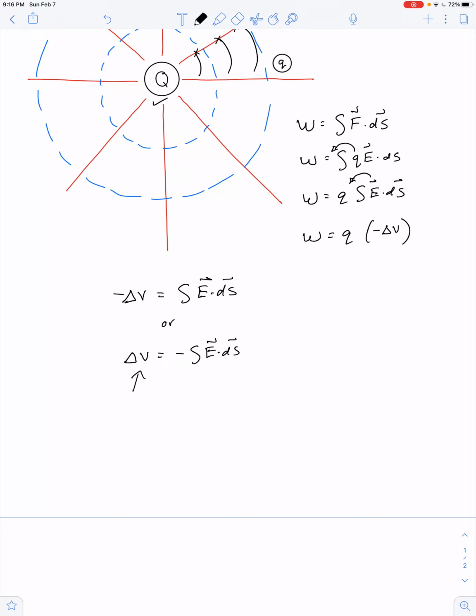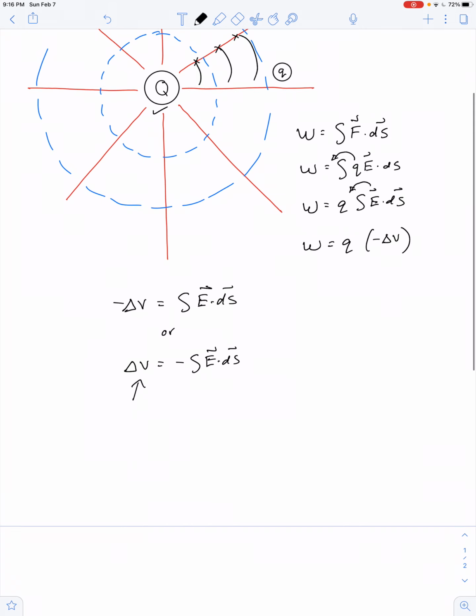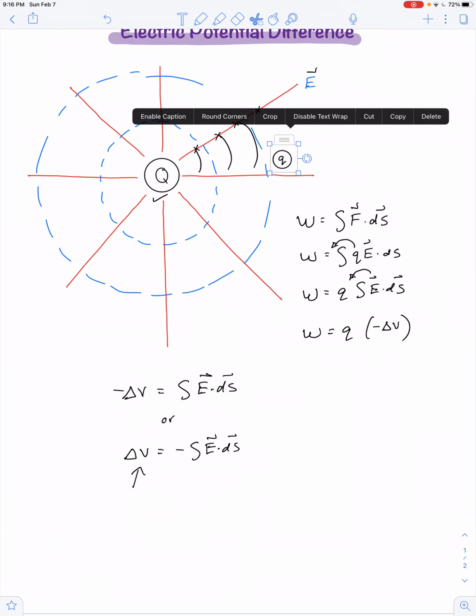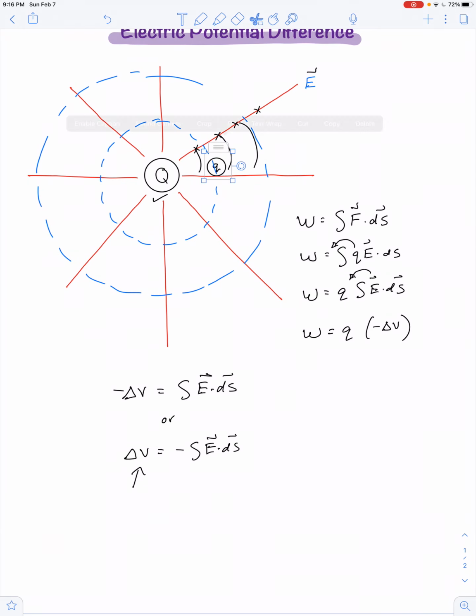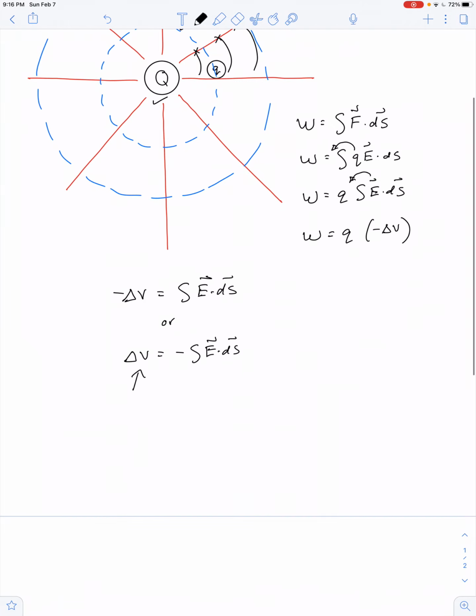Now, whenever we think of change, we're always going to take some final value minus an initial value, right? So if the charge lowercase q moved from equipotential A to equipotential B, then the change would be the value of electric potential at point B minus the value of the electric potential at point A.